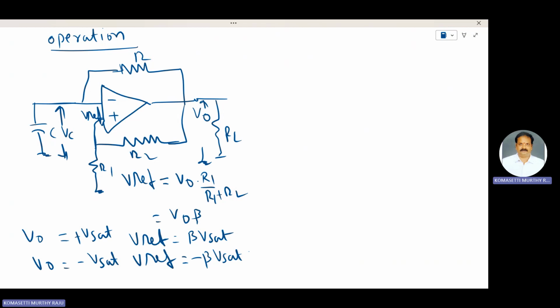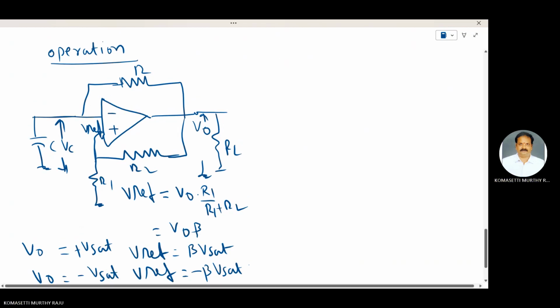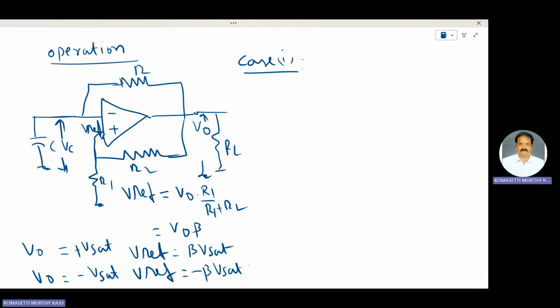Okay, case one. Initially, the voltage across the capacitor is 0, VC is equal to 0.